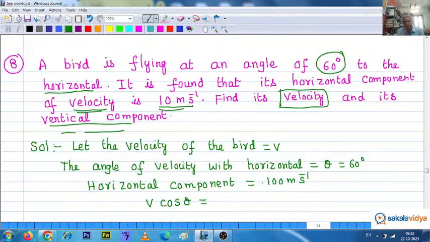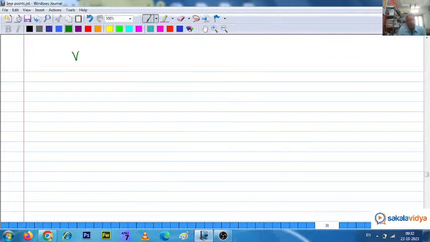V cos theta is equal to, here you remember, not 100, this is 10. So write down 10. Now theta is already known, substitute theta here. So v cos 60 degrees is equal to 10.